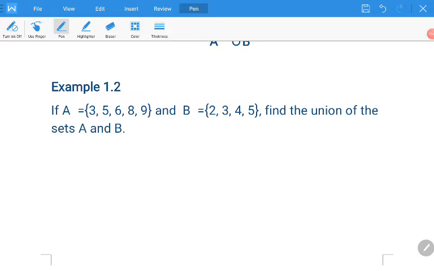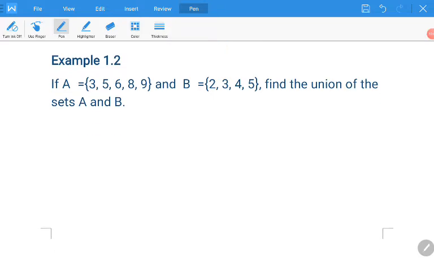So let's look at this example. A is equal to 3, 5, 6, 8, and 9. And B is equal to 2, 3, 4, and 5.